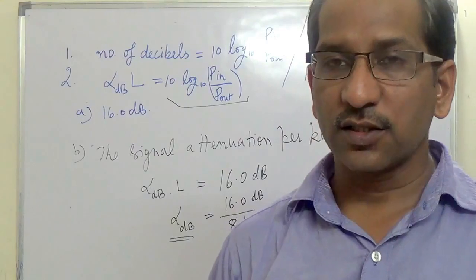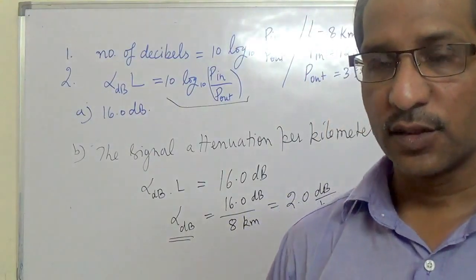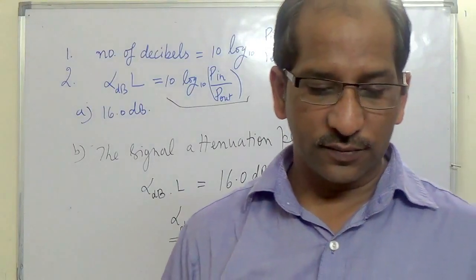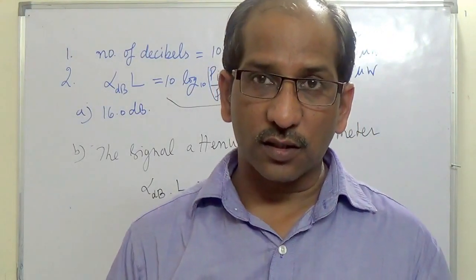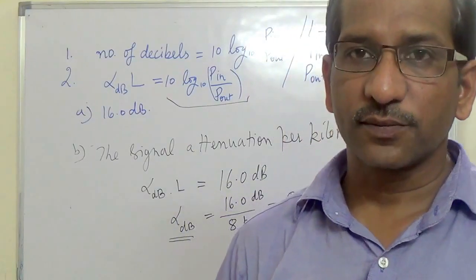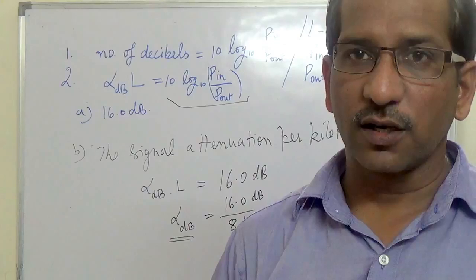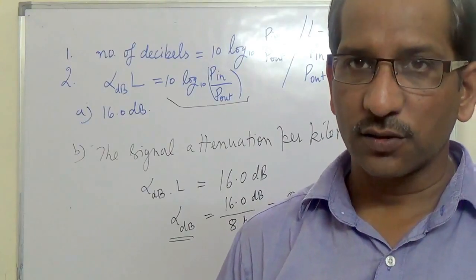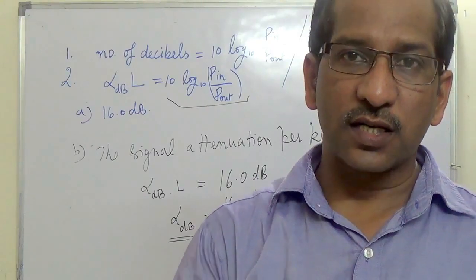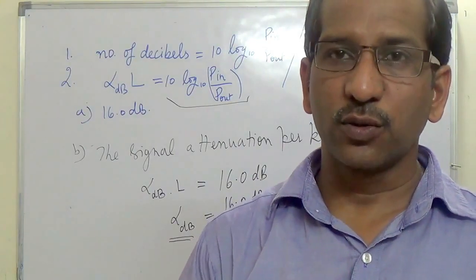Now the length of the optical fiber is different from the earlier two cases, and the optical fiber is almost the same, with the same characteristics as we have used in earlier two cases.